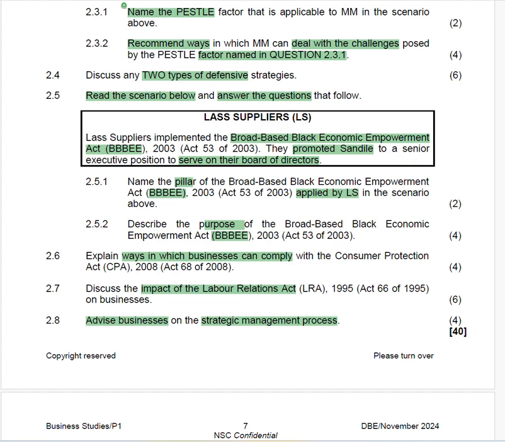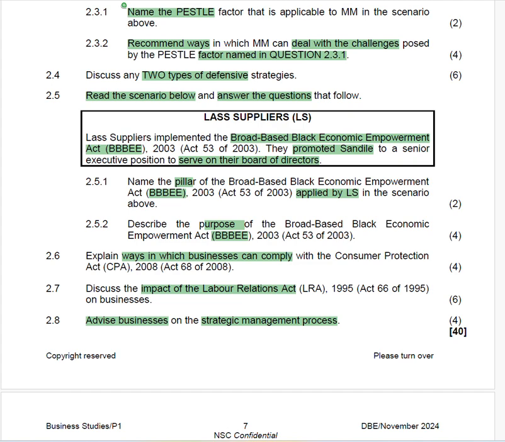And the reason that I'm saying we need to first discuss the Labor Relations Act is because I am preparing you for the exam, and we do not know exactly what will be in that exam. For that reason, the preparation must be created in a way that you are able to adapt to any form of question, not only for the purpose of this exam, but for you to be well equipped and prepared for the upcoming test as well as the examination.